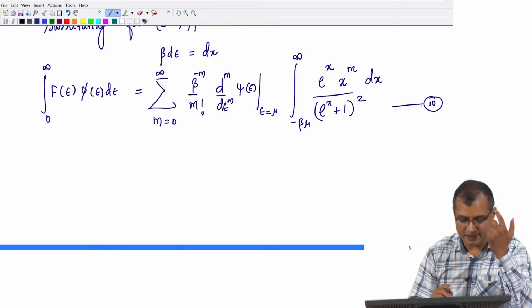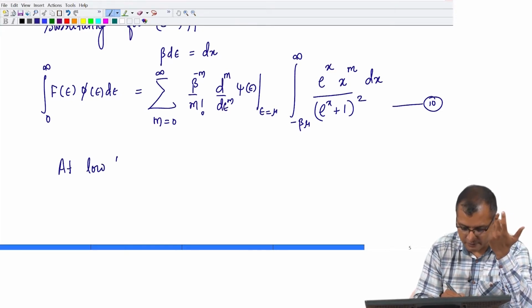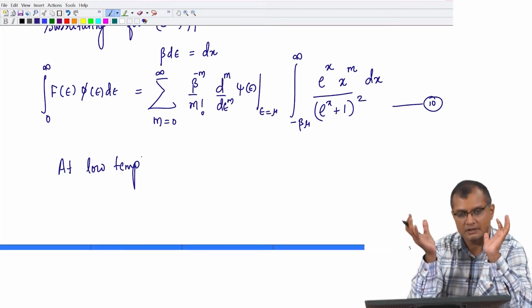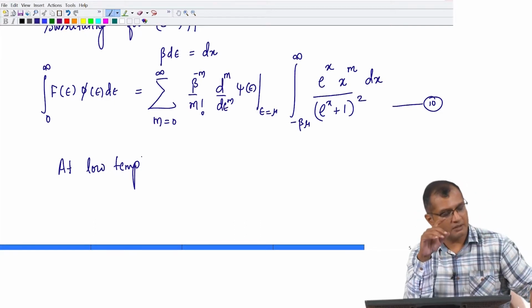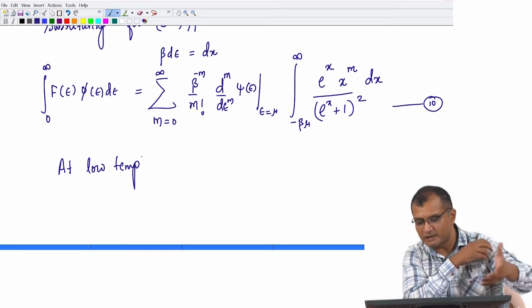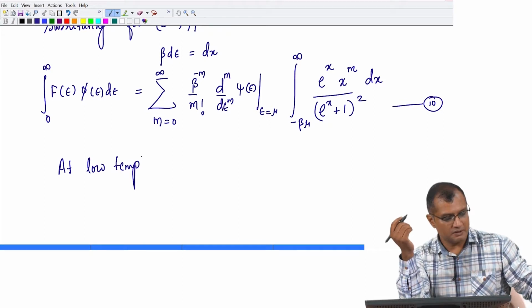So, I am going to solve this integral at very low temperatures. Now, but low temperatures means what? I need a scale. At the beginning of the discussion I said low temperature, but at that time if I had introduced a temperature scale, it would have been meaningless because I had not discussed the problem in general. But now I have a temperature scale here which is mu.